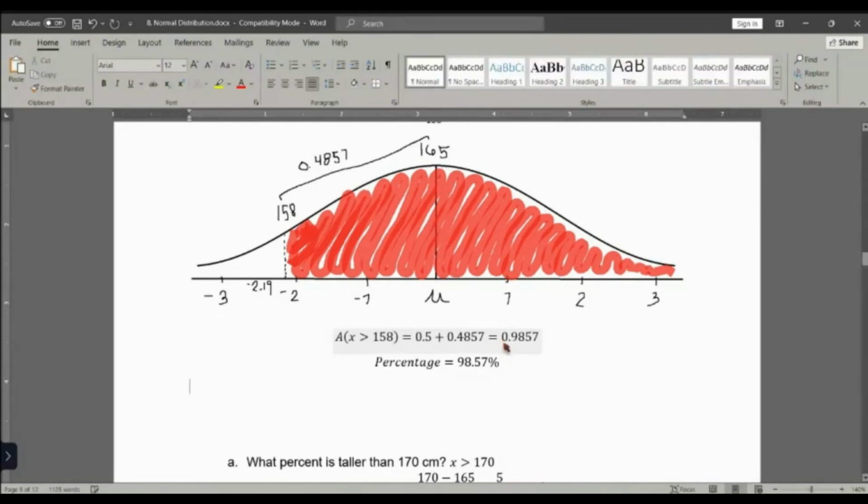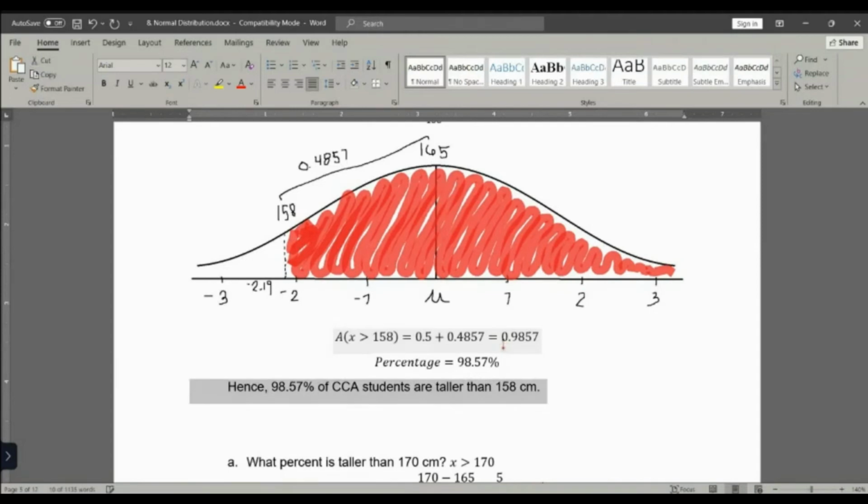And then lastly, our conclusion: hence, 98.57% of CCA students are taller than John Milka, or taller than 158 centimeters.